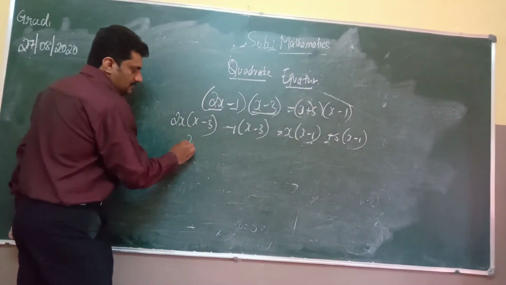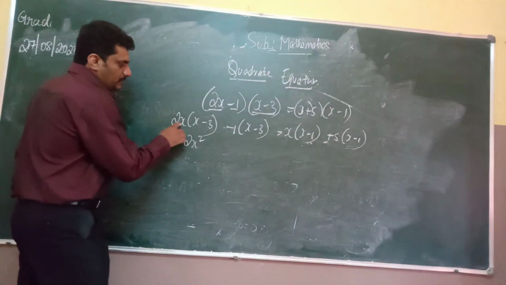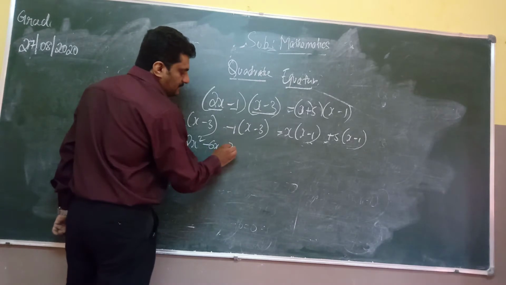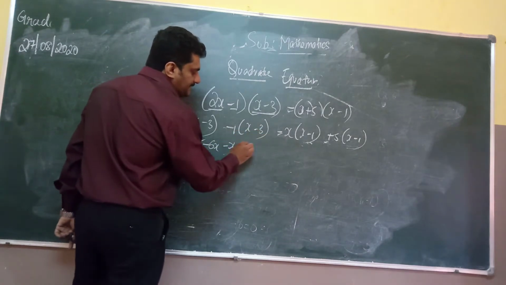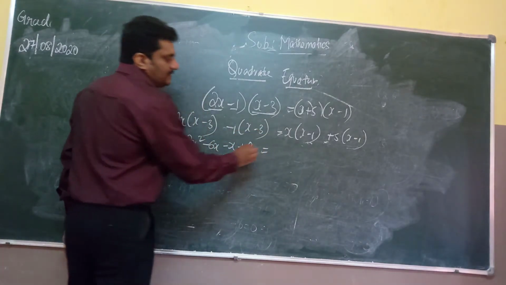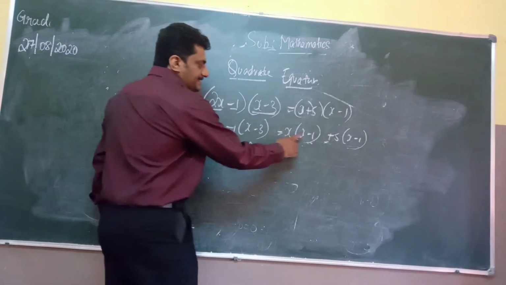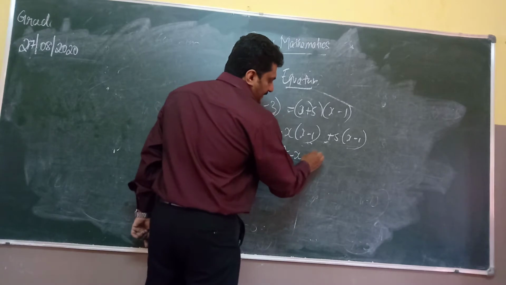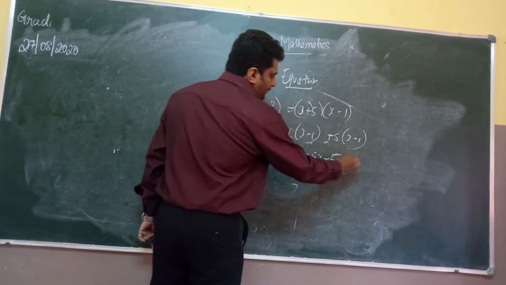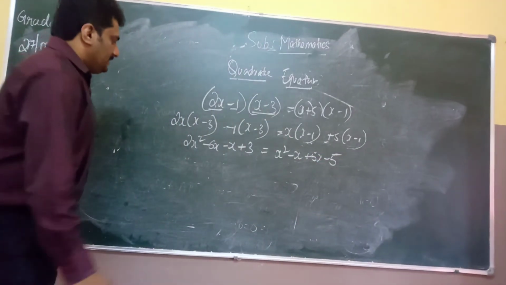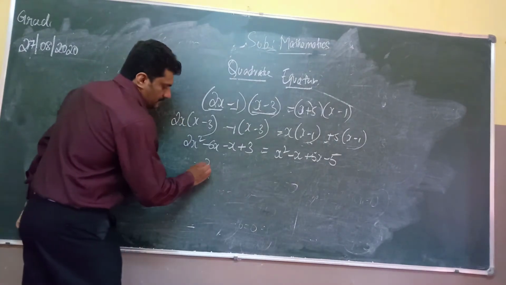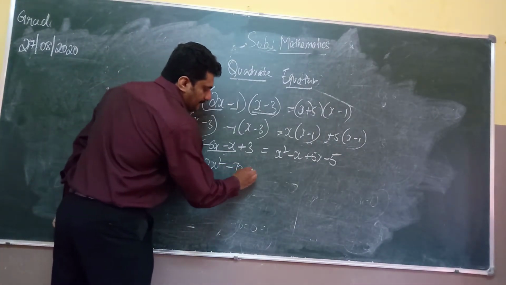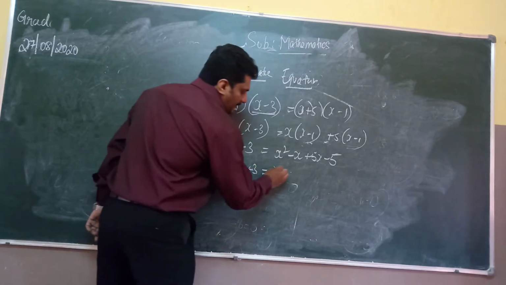2x into x, 2x into minus 3, minus 1 into x, minus 1 into minus 3, plus 3, is equal to x into x, x square, minus x, plus 5x, minus 5. Done? Now here, how much is this? Minus 7x plus 3 is equal to x square.